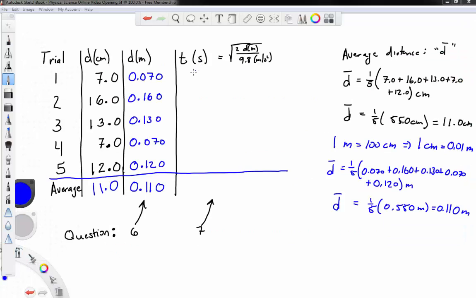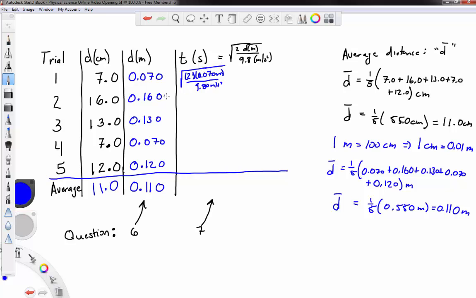So now I need to calculate the amount of time that the stick falls in each of these drops. And basically what I do is I use this equation over and over again. So for example, here I'm going to have the square root of 2 times 0.070 meters divided by 9.80 meters per second squared.